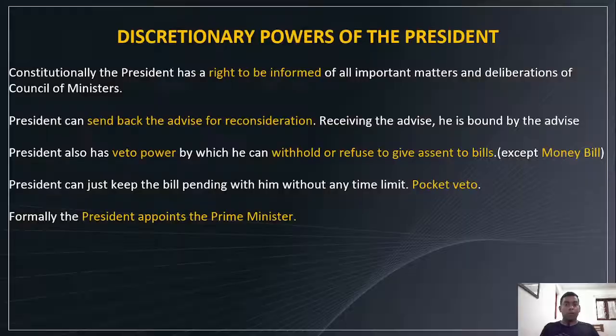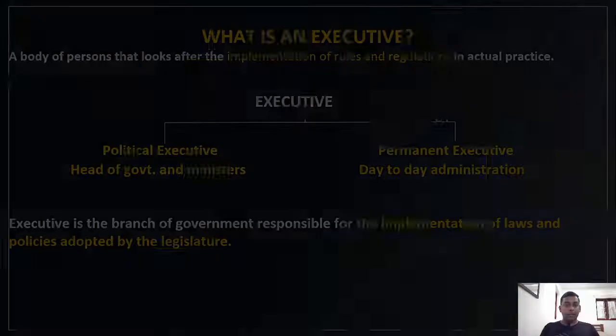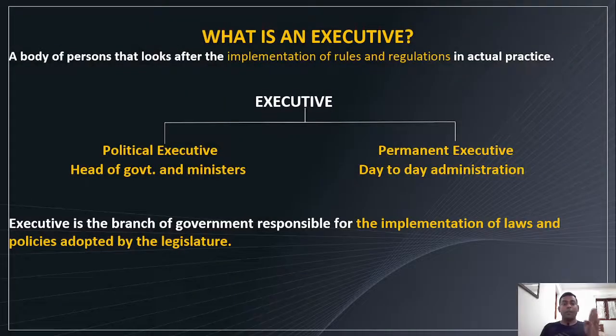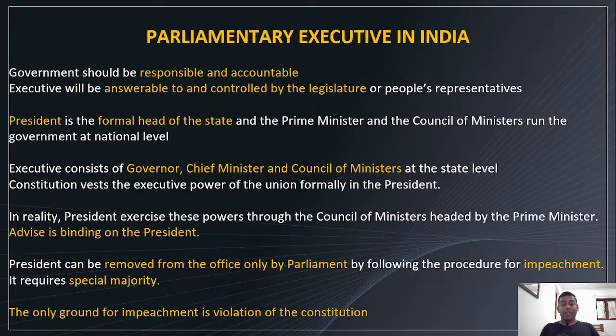Hope you understood each and every point we have discussed. Let's have a quick recap. Executive, political executive and permanent executive. Always executive is responsible to the legislature. We have seen presidential system in America. President is super powerful, but in India we have two systems, right? Prime Minister, head of the government, President, head of the state, nominal head.